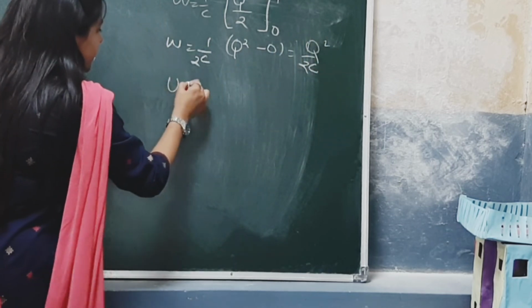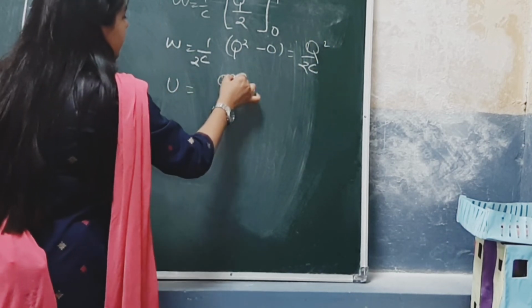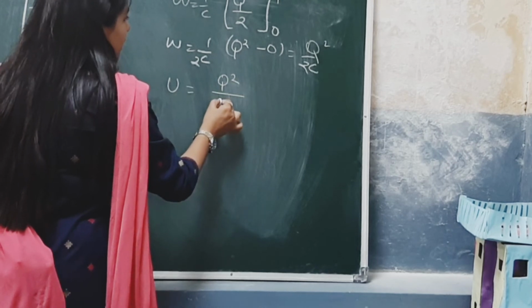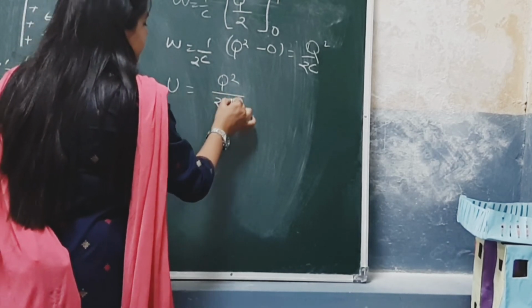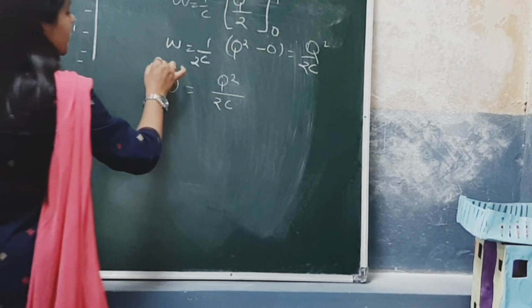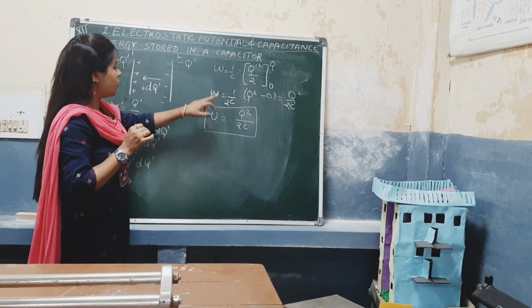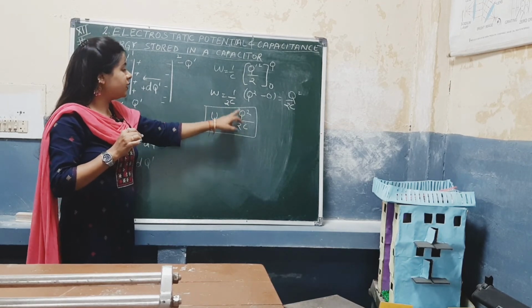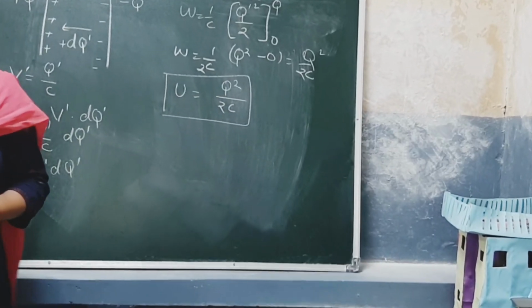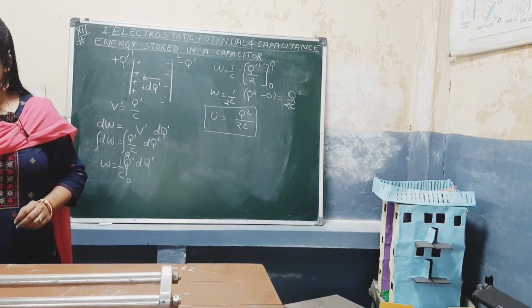So this is the energy of a parallel plate capacitor, equal to half Q square upon C, or Q square by 2C. By substituting the various values of Q or C, we can convert this formula into various forms. So let me write out the various forms.